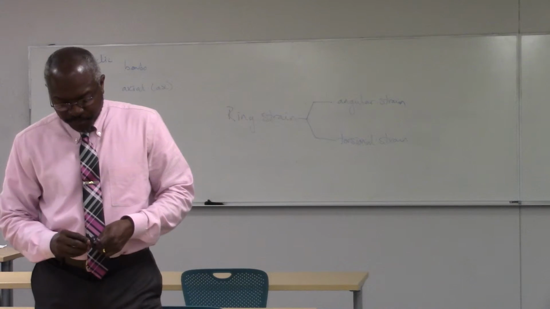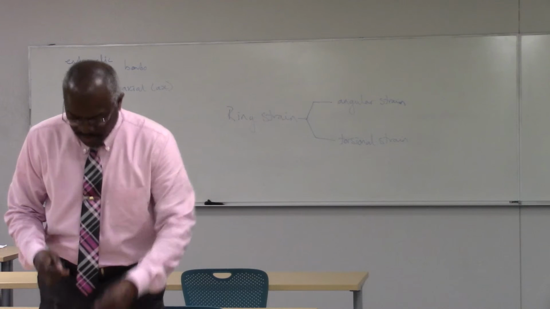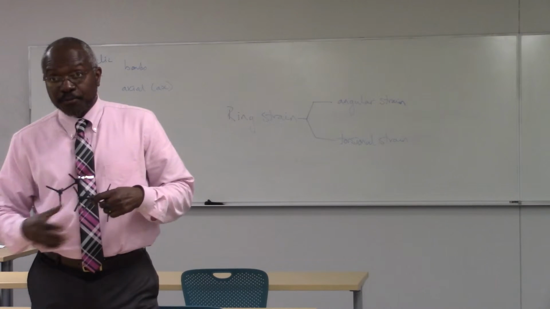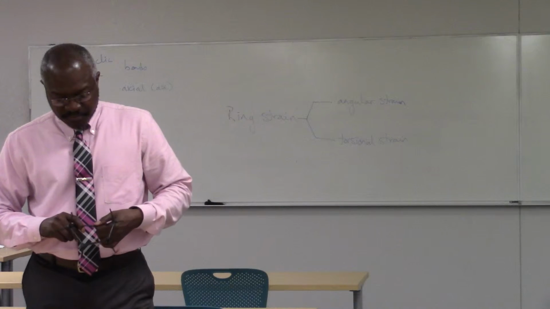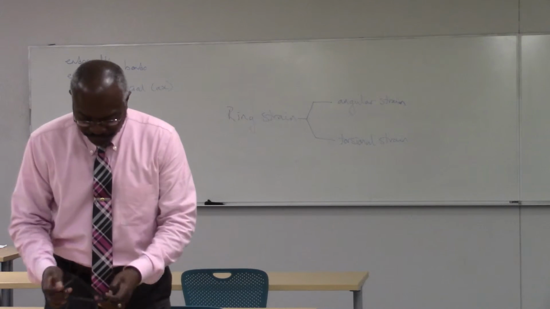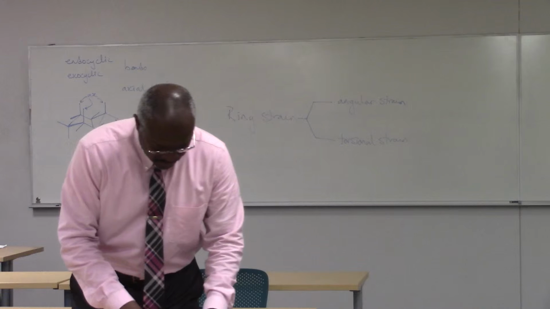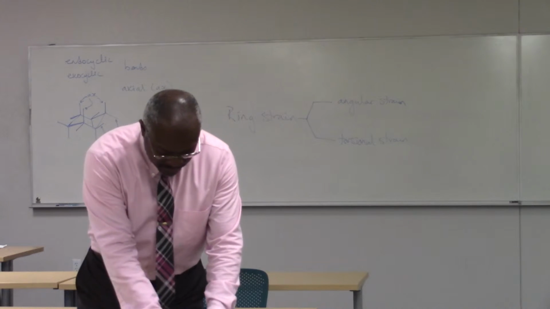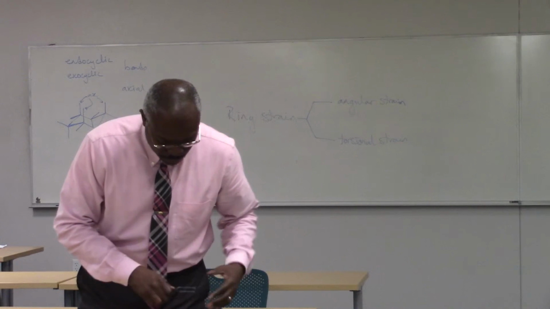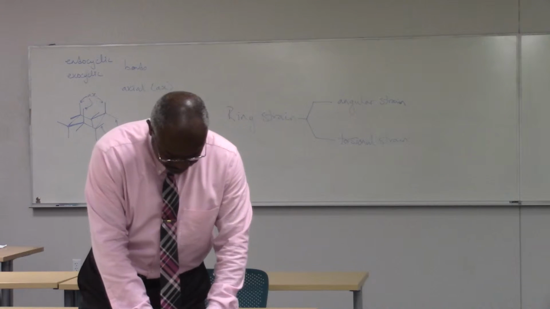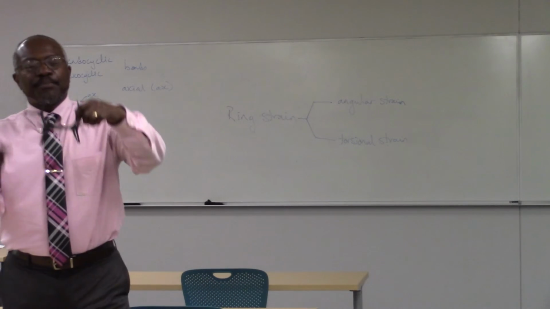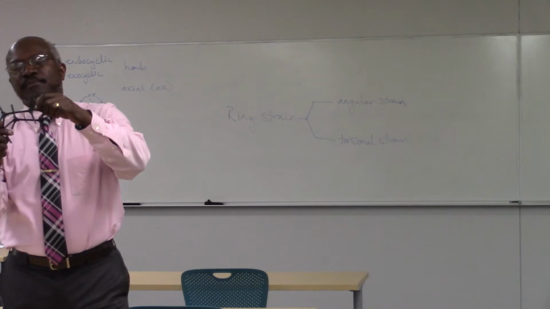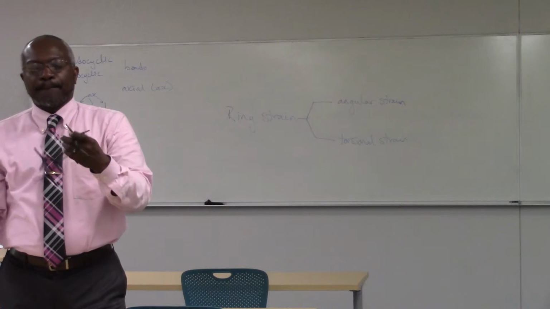So here's what we're going to do. We're going to build our chairs, and I'm going to tag 2 groups in the chair. So here's my boat. I'm going to pull that down to make the chair.